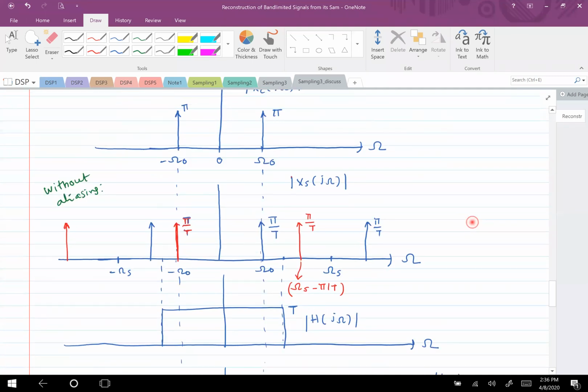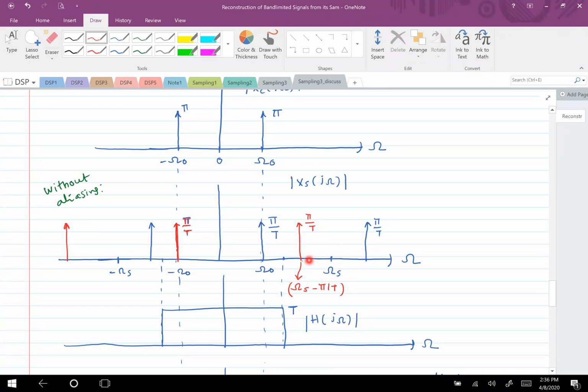next. Now you are multiplying with an impulse train, so the copies are kept at omega s. So assume that initially there is no aliasing. What would that ensure? There is no overlap. So omega s is greater than twice omega naught.